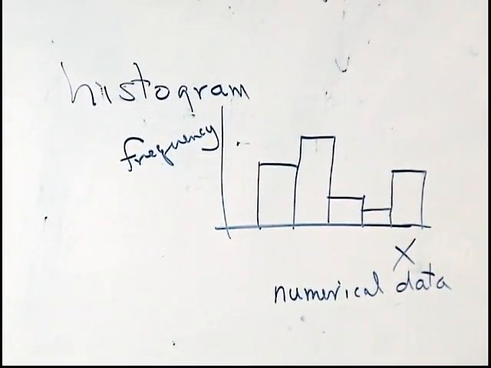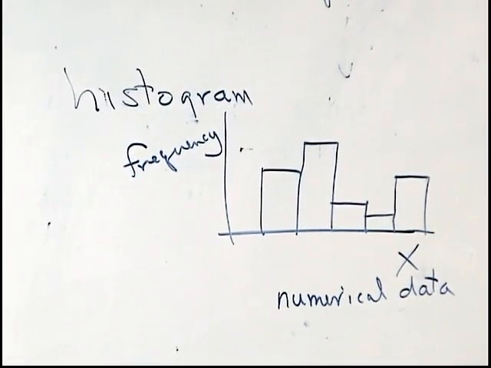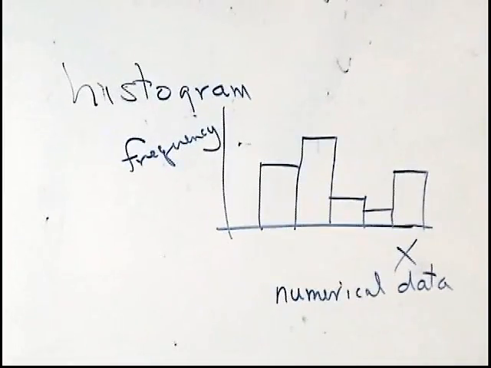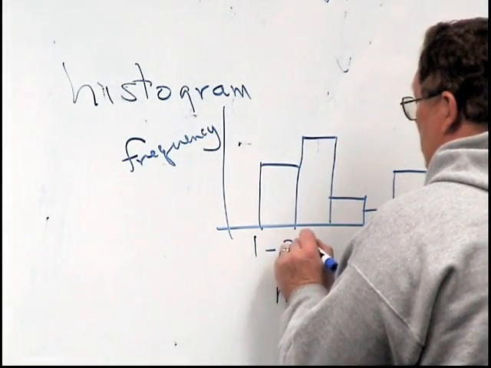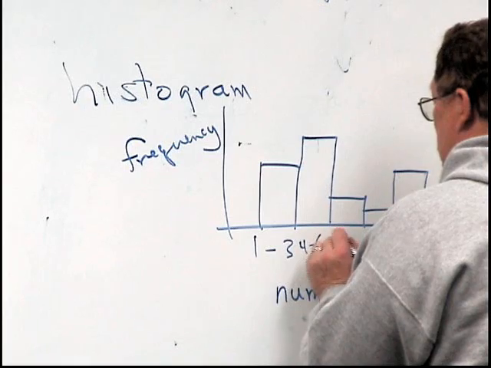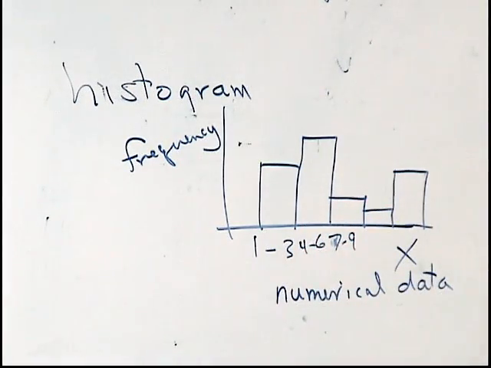How many units do you take? 1 to 3, 4 to 6, 7 to 9. But the key thing is numerical data.